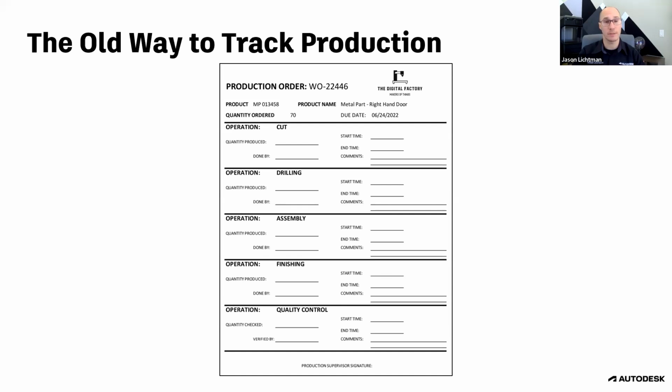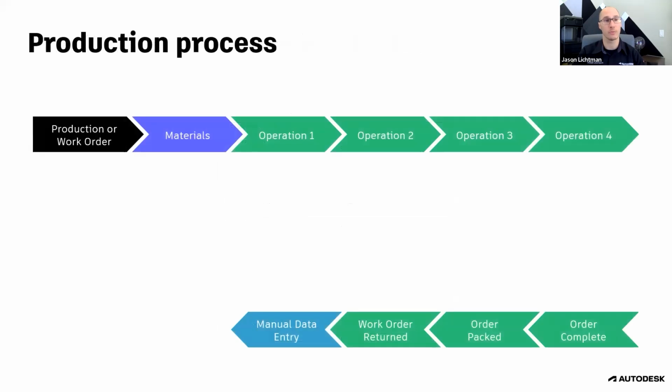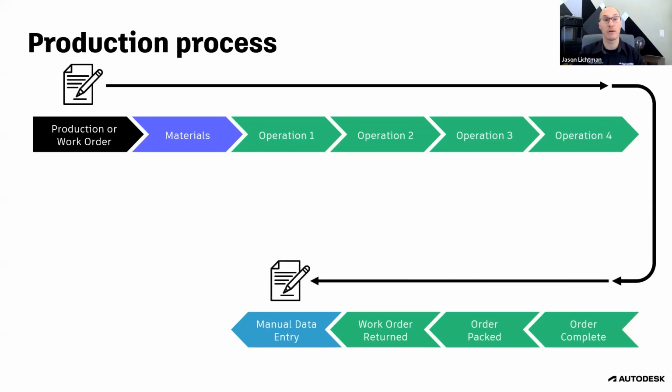You print out a piece of paper that has a bunch of information about what the production order is, what the parts are that you're going to make, and the procedures you need to actually execute to make them. And you collect the data along the way following these procedures. So let's actually look at this from a workflow perspective, right? We have a production order, a work order, my materials, and we're going to take that paper traveler and follow it through this entire process.